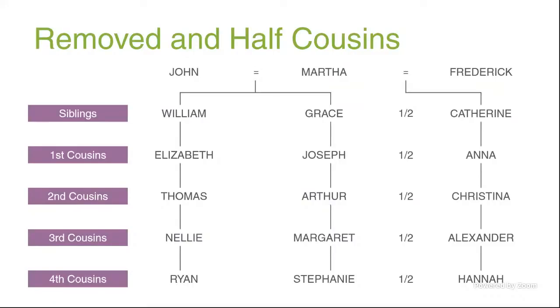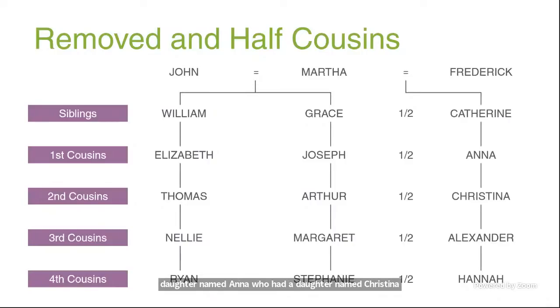Grace also has descendants. Then Martha married a second time and had another set of children with a man named Frederick. She had a daughter named Catherine by Frederick, who had a daughter named Anna, who had a daughter named Christina and a son named Alexander, who had a daughter named Hannah.